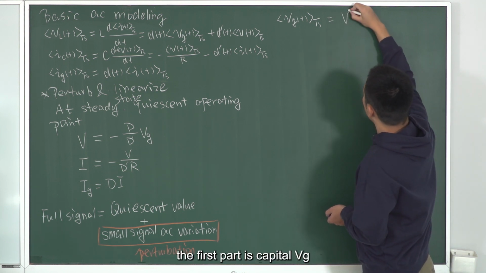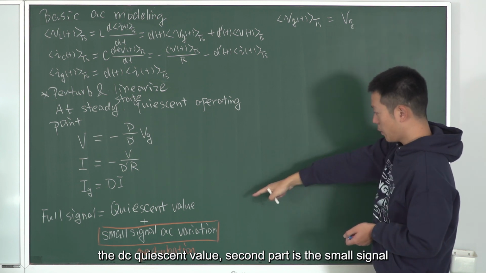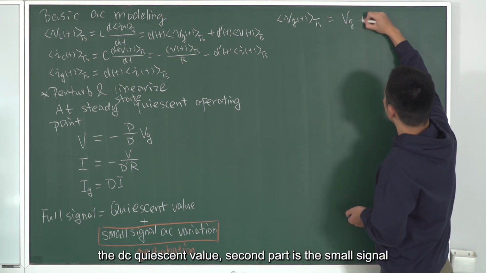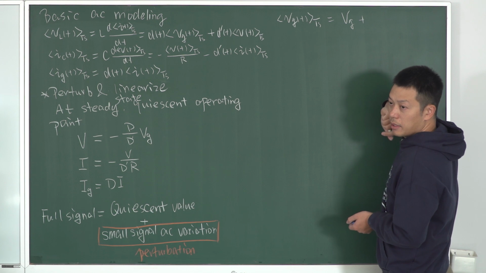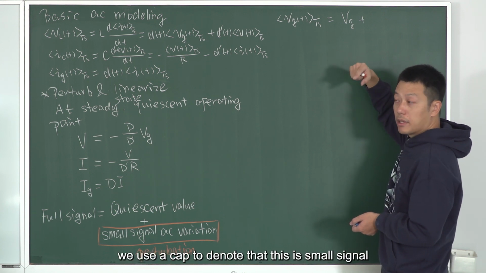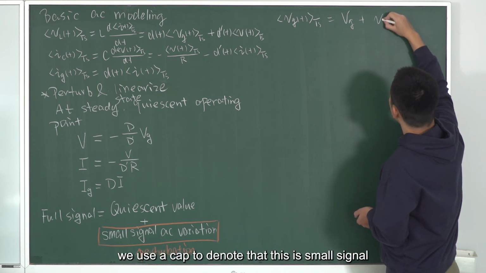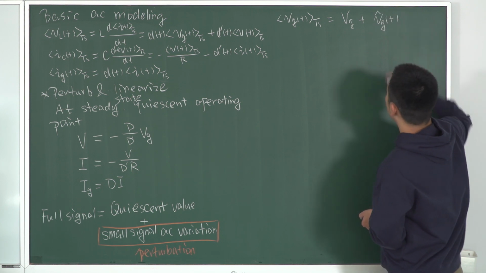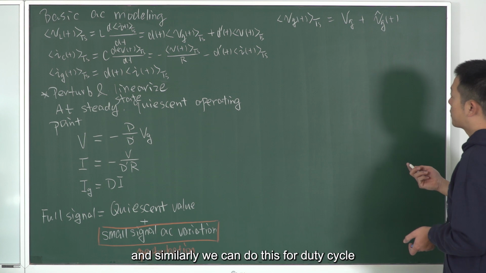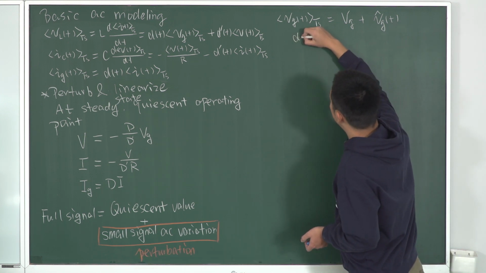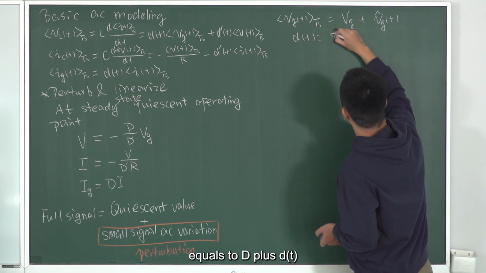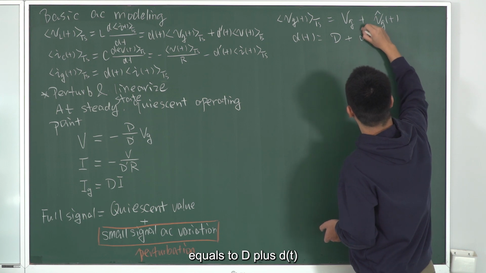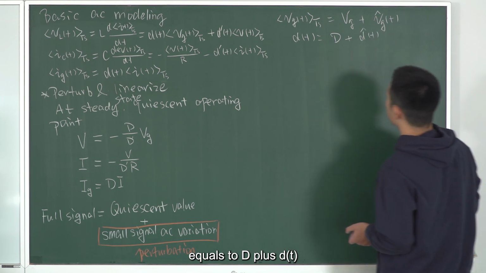The first part is capital V, the DC quiescent value. Second part is the small signal. We use a cap to denote that this is a small signal. And similarly, we can do this for duty cycle equals D plus D cap t.